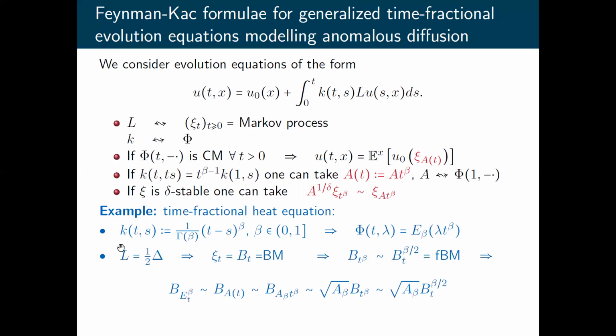On the other hand, our kernel here is homogeneous, and hence as A of t, we can use this product, random variable A beta multiplied with t to the power beta. And further, of course, since Brownian motion is stable, we can pull out this A beta to produce a random scaling. So we obtain then stochastic solutions as a randomly scaled, time-delayed Brownian motion.